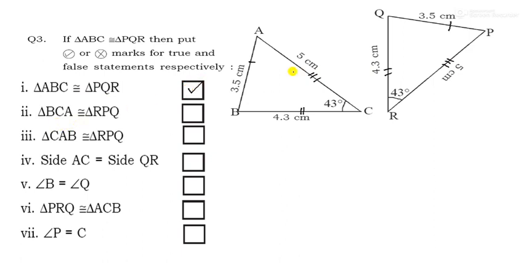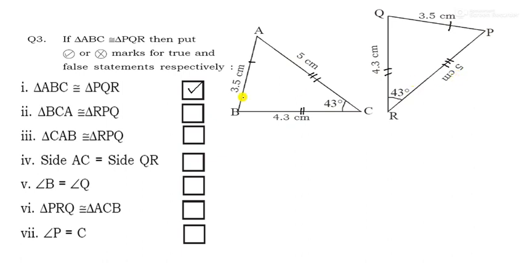Triangle BCA. Here is BCA. Where is BCA? BCA congruent to RPQ. RPQ. Yes. First of all, BC is 4.3, and here is RP. RP is 5 centimeters.